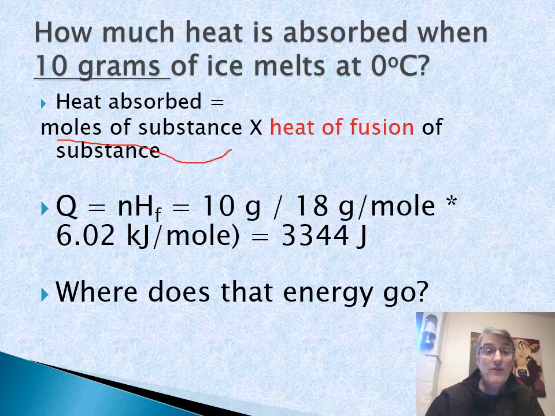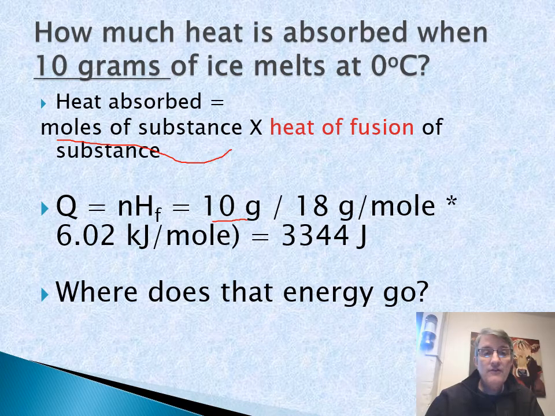So I have to go from 10 grams to moles. I know water is 18 grams per mole because it's 16 for oxygen and 2 hydrogens makes 2, so 16 and 2 is 18. So I take 10 grams divided by 18 grams per mole. This will give me how many moles I have, and I multiply that by 6.02, which is a constant from the slide.